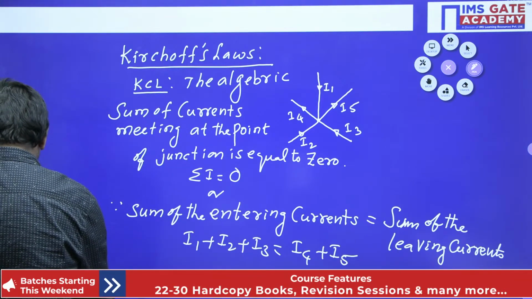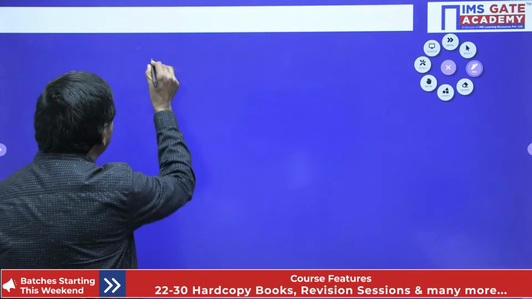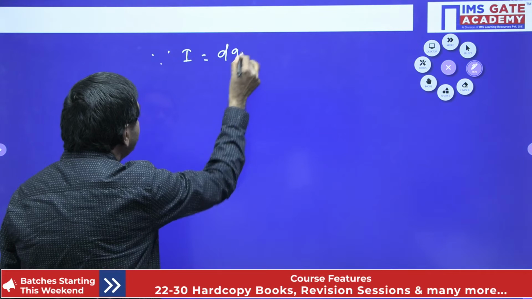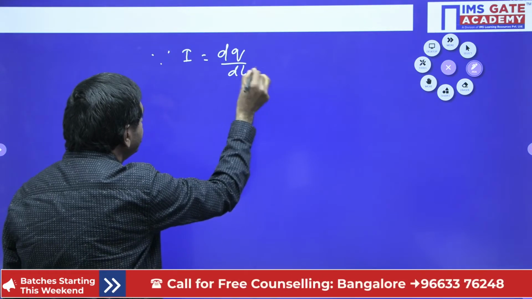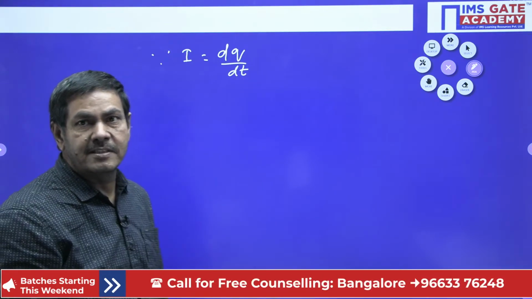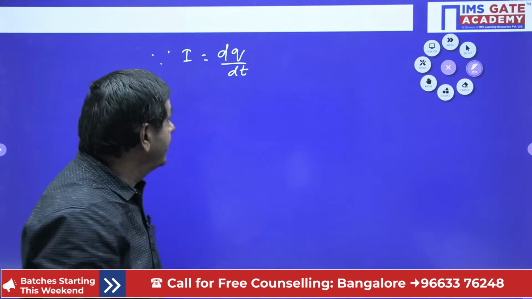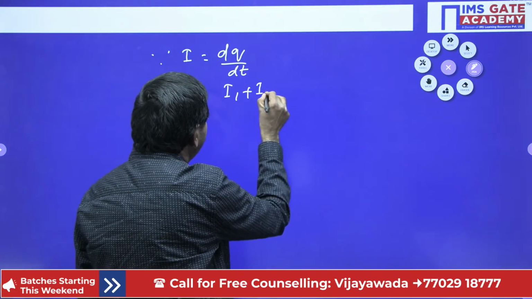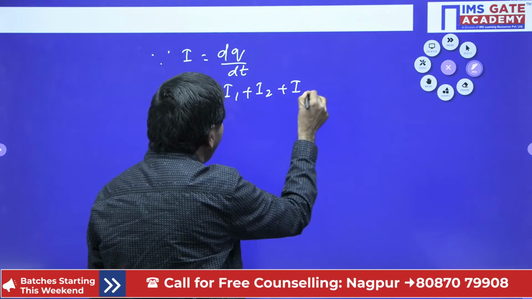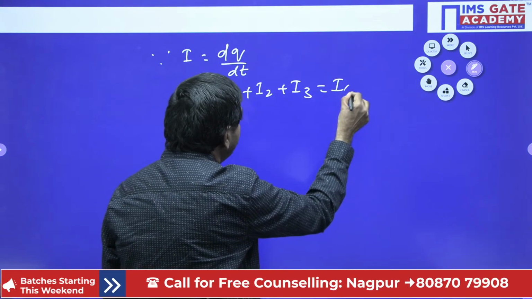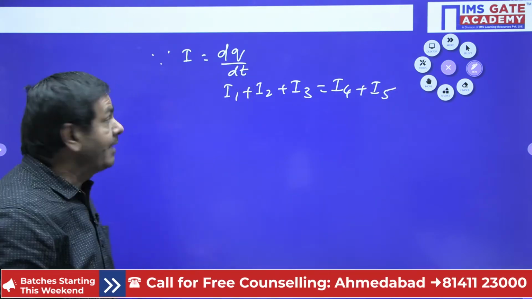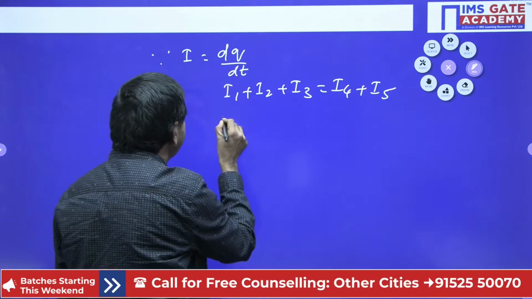We know very well current equals rate of change of charge, dq by dt. Already we got the equation I1 plus I2 plus I3 equal to I4 plus I5. I1 can be written as dq1 by dt.